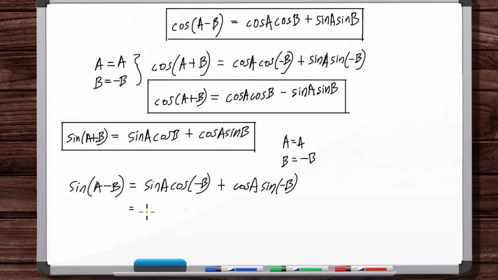Cosine is an even function, so cosine of minus b is just cosine b. Sine of minus b, sine is an odd function, so that's minus sine b. And there we go.